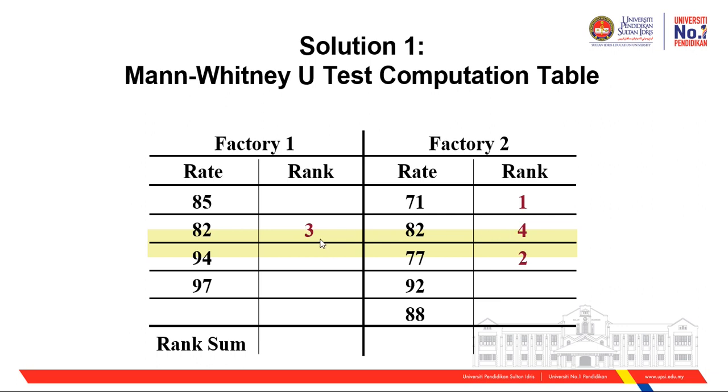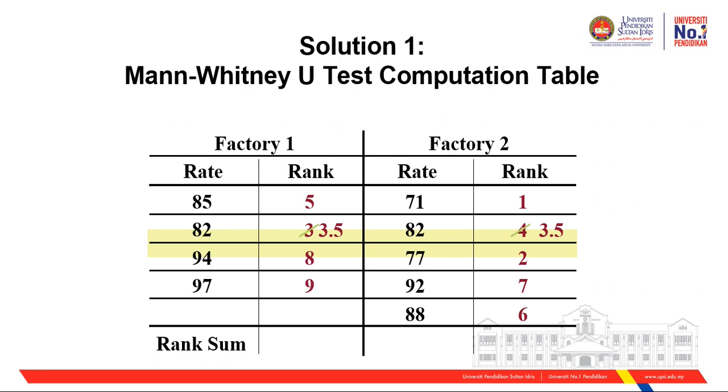Instead, you need to add them and divide by 2: rank 3 and rank 4, 3 plus 4 is 7, divided by 2 is 3.5. That's why the rank for data 82 is 3.5. Next is 85 with rank 5, 88 rank 6, 92 rank 7, 94 rank 8, and 97 rank 9. So that's the process of ranking.